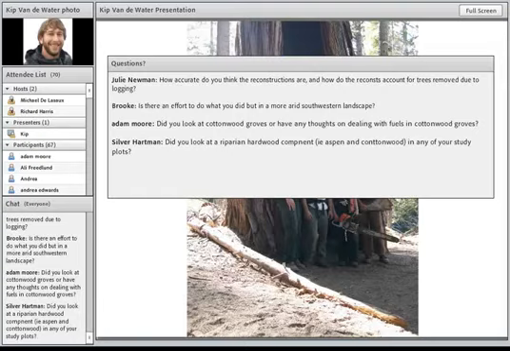So we ended up pulling a little over 900 fire-scarred trees, which recorded 760 different fire events, and we ended up with a period of record extending from the late 1300s to the present.